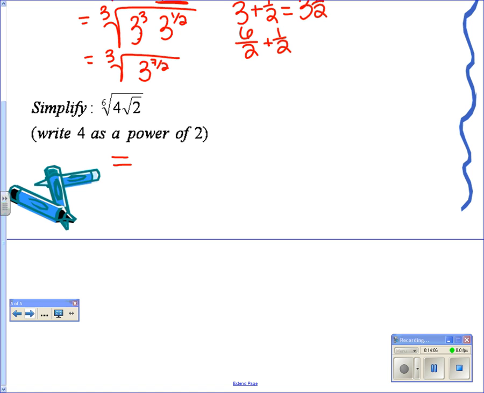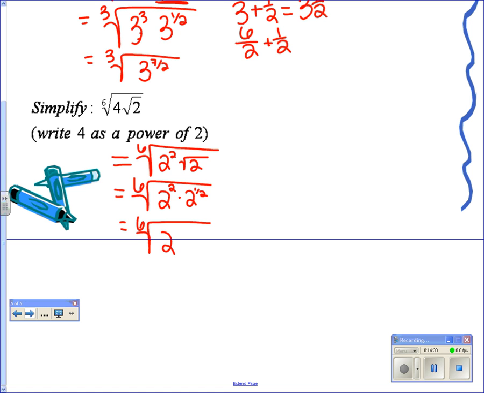What would you do first? And then what would you do? And then we come to 2 and 1 half, which is what? Does that make sense?